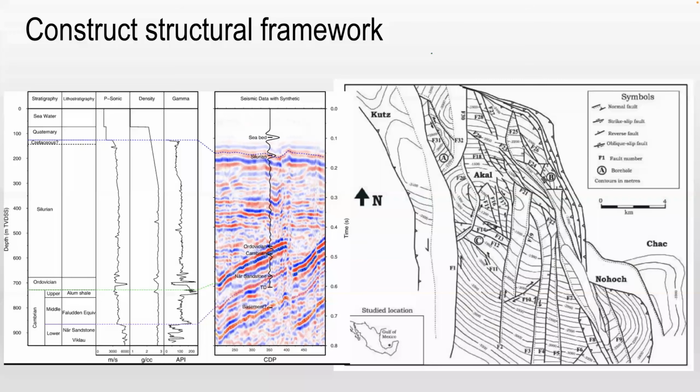So let's look at this one. For constructing a structural framework, you must import your faults, because based on seismic data, or sometimes based on the logs, if you see a repeat of the formation, for example, you have this type of log again at the upper part, you see this being repeated.